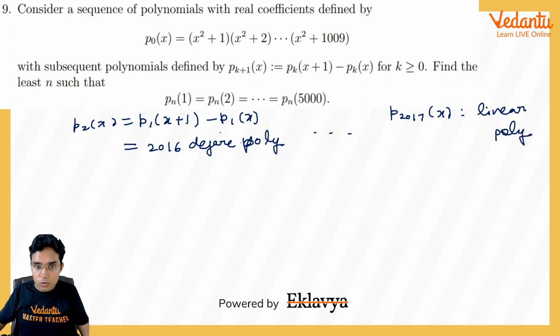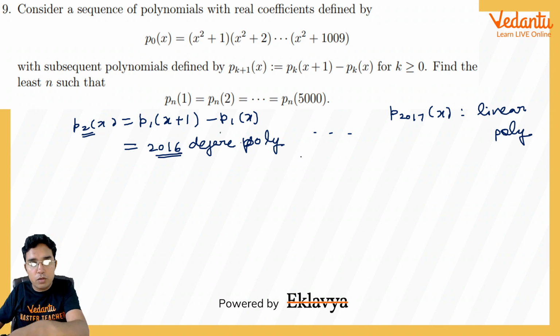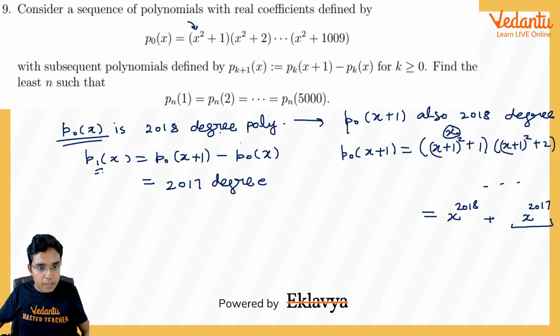I am using the logic that this 2 and this 2016 sum to 2018. Here also 1 and this 2017 is 2018. Here 0 and 2018, sum is 2018. So every time we are increasing the number here, the degree is getting decreased by 1.